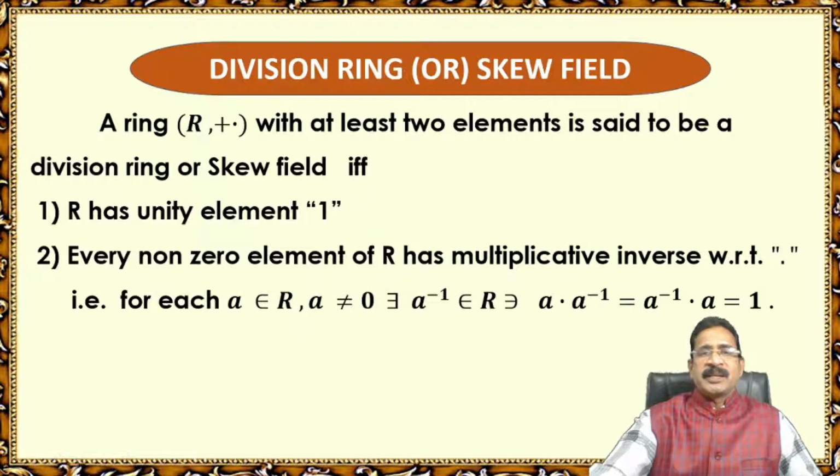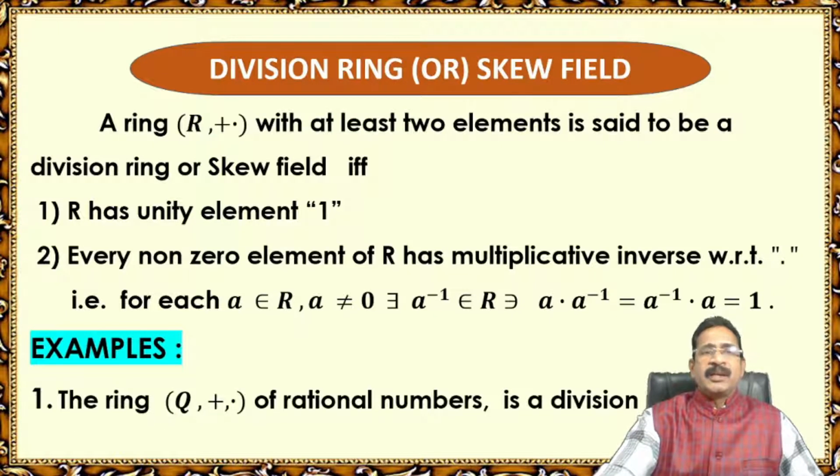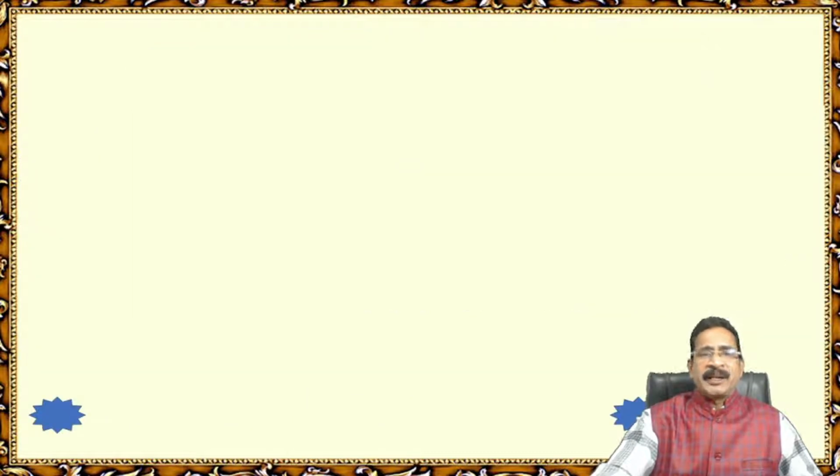That is, there exists a⁻¹, a multiplicative inverse of a, such that a·a⁻¹ = a⁻¹·a = 1. Now, an example of a division ring is the ring of rational numbers (Q, +, ·).